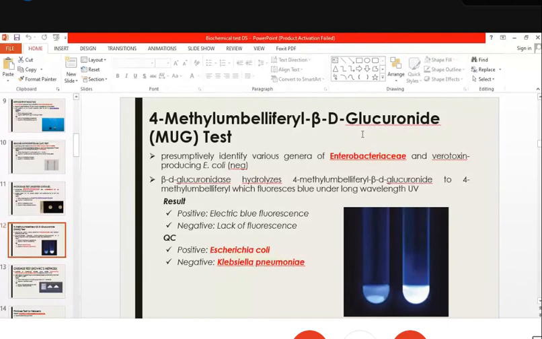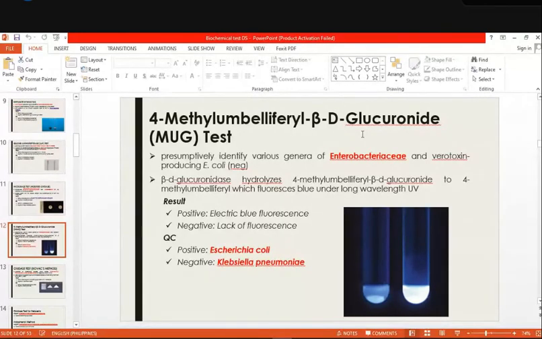Okay. Now, we only have to perform now our MAG test on oxidase positive organisms. Why? Because some oxidase negative organisms naturally fluoresce. So, hindi na natin kailangan gawan ng MAG test yan pag yan ay oxidase negative.